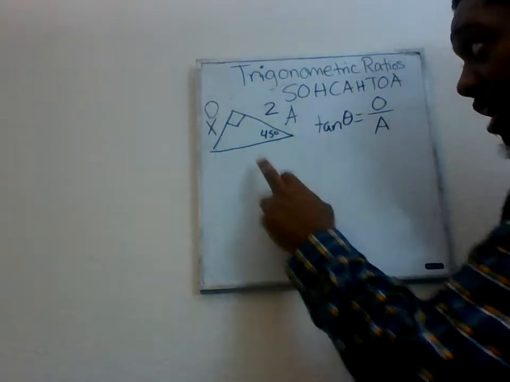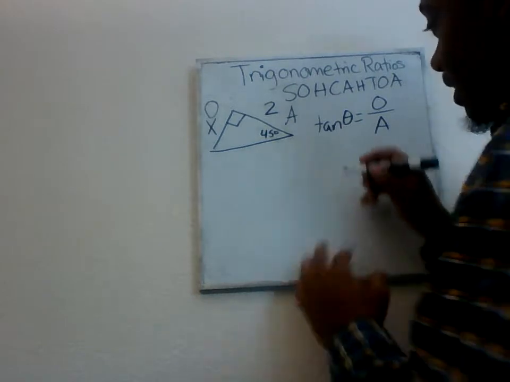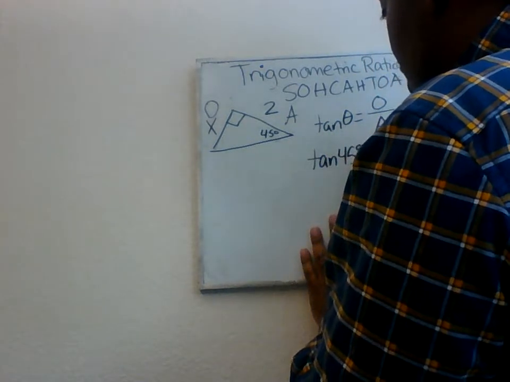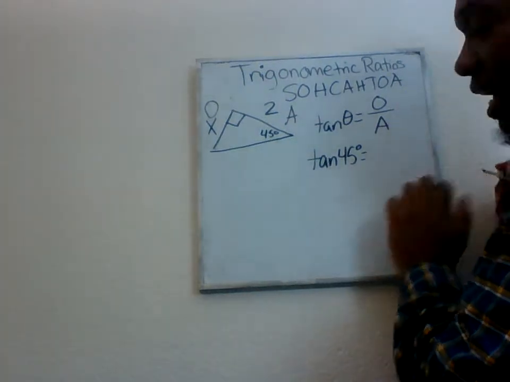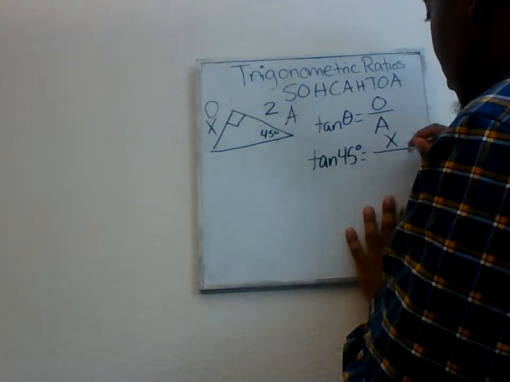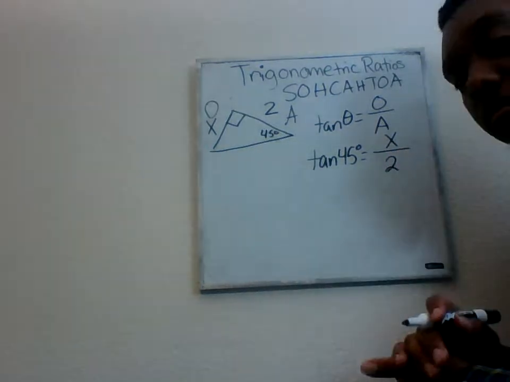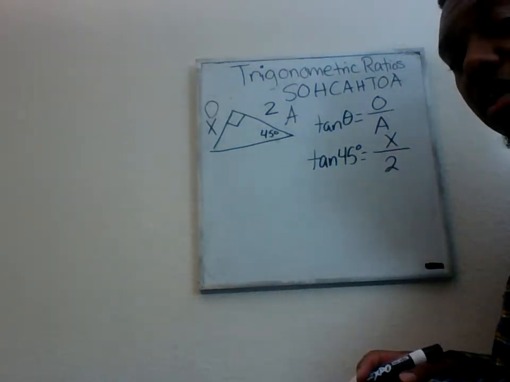So tangent of the angle, what's the angle? It's 45 degrees. So I'll get tangent of 45 degrees equals the opposite side, which is x, over the adjacent side, which is 2. Okay, great.